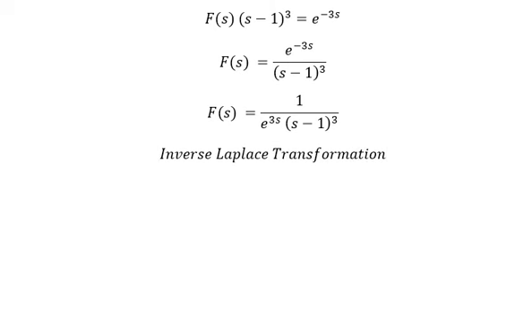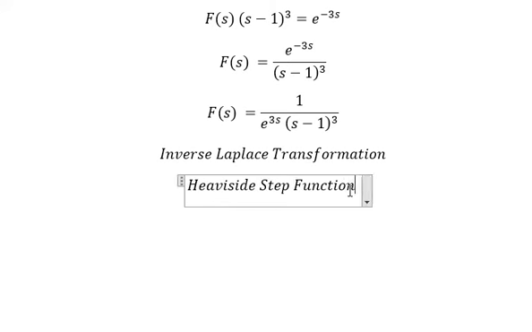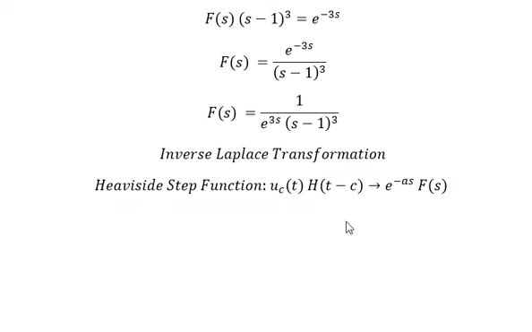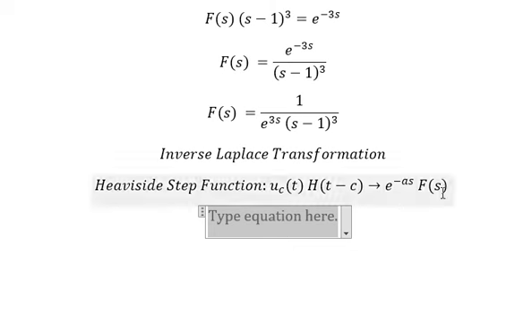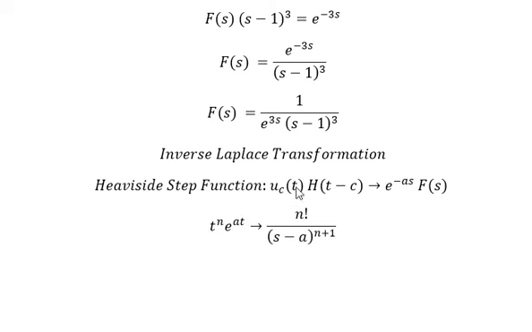The first one, that is about the Heaviside step function. That should be like this. And the second one, that is for this one in here, 1 over s minus 1 to the power of 3.